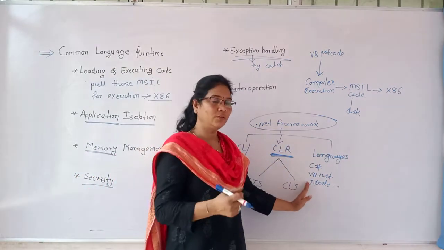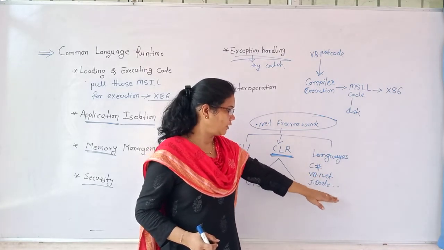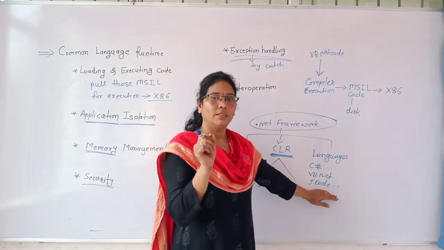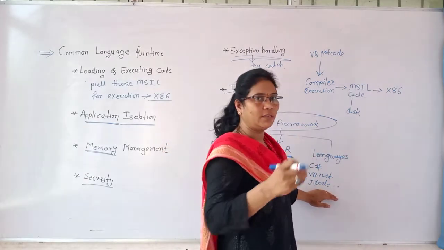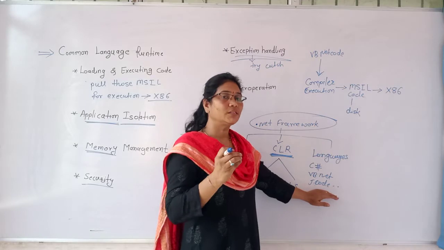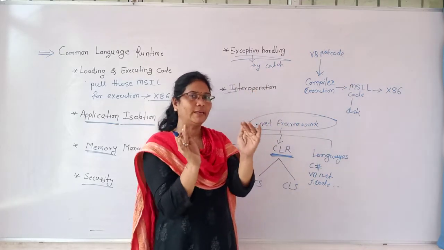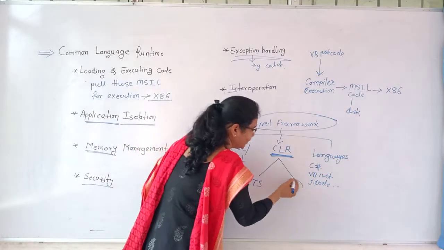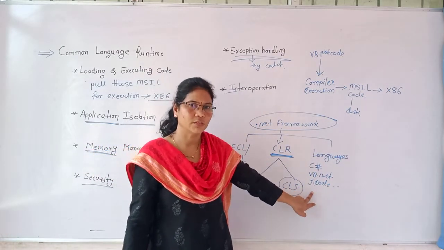When we write code in C#, in VB.NET, or in another language, there are some differences in its designing, its coding, or its data types. All those data types are maintained by the CLS, that is, the Common Language Specification.